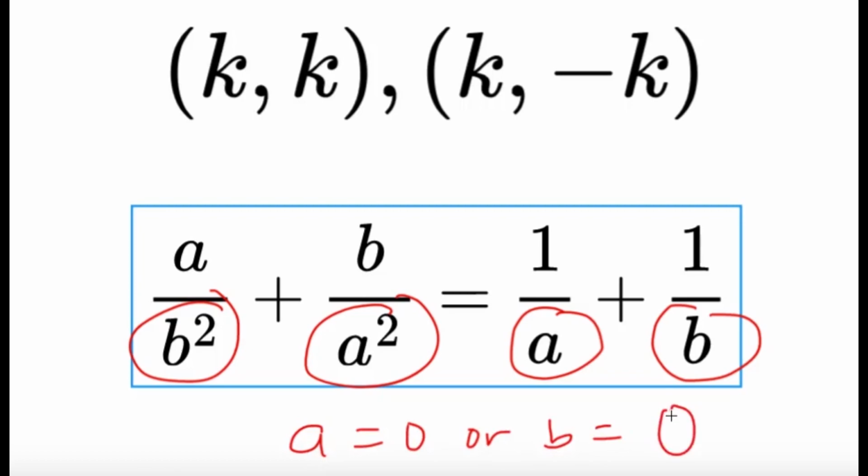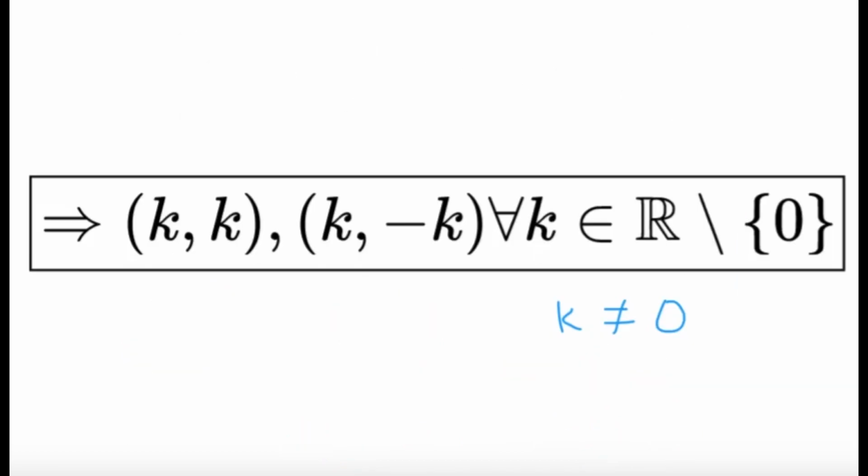So we cannot have a or b being equal to 0, so we want both of these to not equal 0, and therefore the only way we can make these numbers, the k and negative k, not be equal to 0 is to additionally include this restriction over here. So k is a real number because at the start we're asked to solve over the set of real numbers, and then we have to exclude 0, or we can simply say k not equal to 0. So our final answer here would be (k, k) and (k, negative k) for all real numbers k that are not equal to 0. And this will be our answer.